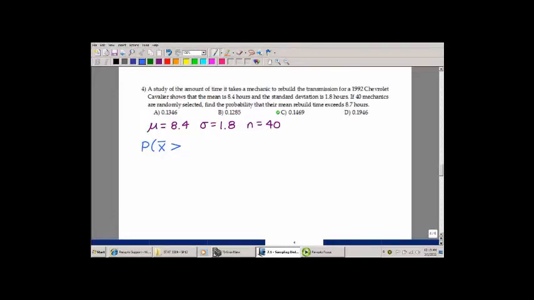Probability of X bar greater than 8.7. Exceeds is the same as greater than. Exceeds 8.7 hours.